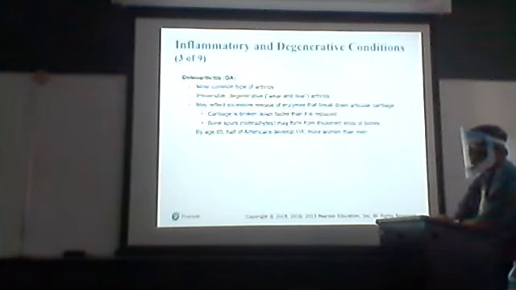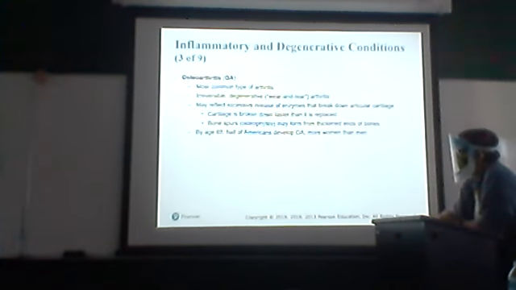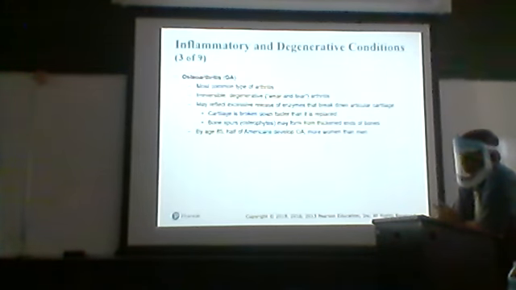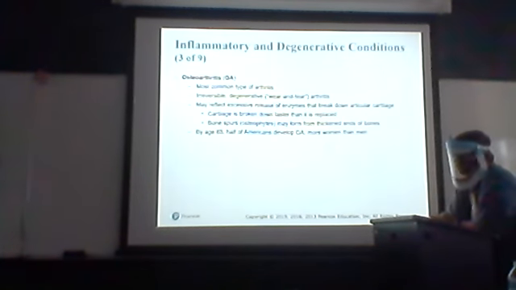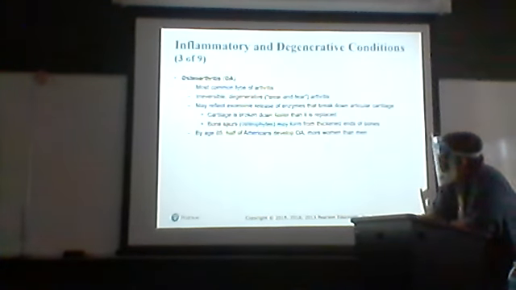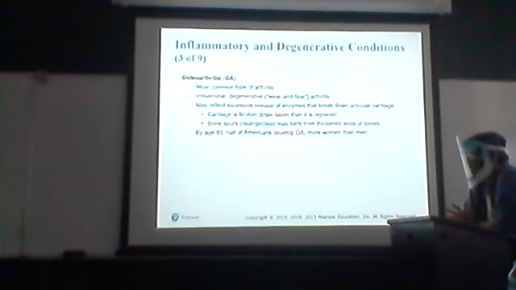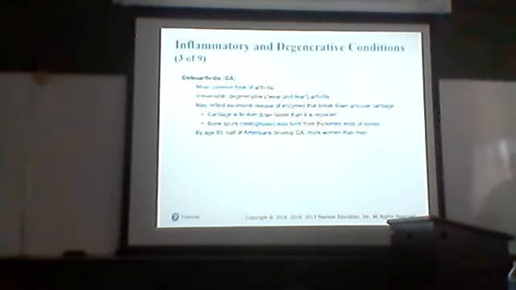Bone spurs can happen. When the cartilage wears away and it gets bone on bone, you're going to get bone spurs. Osteophytes is the fancy word for bone spurs. By age 85, half of Americans have osteoarthritis, and it's more common in women than men.